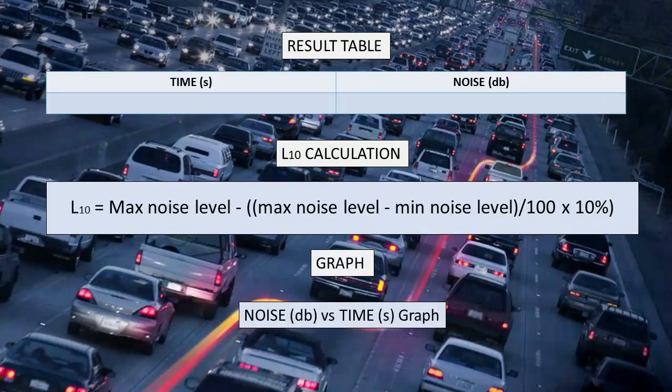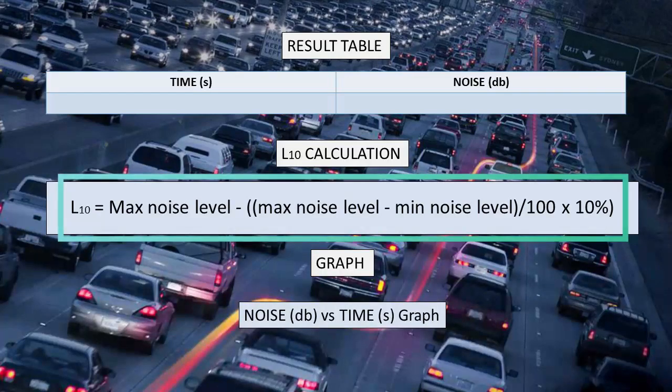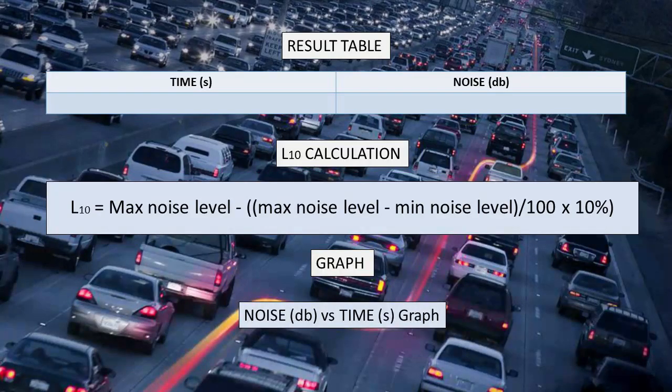For the result table, we need to fill in the data collected from the previous experiment, which is the time and the maximum noise reading during the 30-minute period, tabulated for each 30 seconds. Then we need to calculate L10 by using this formula, where the maximum and the minimum noise level are obtained from the noise column in the table above. Then we need to plot a noise versus time graph in order to produce the noise level curve.